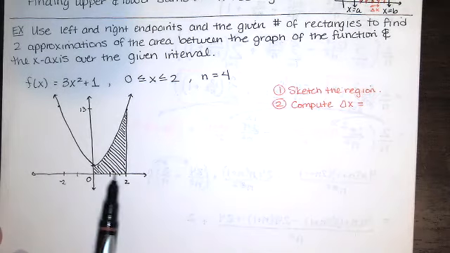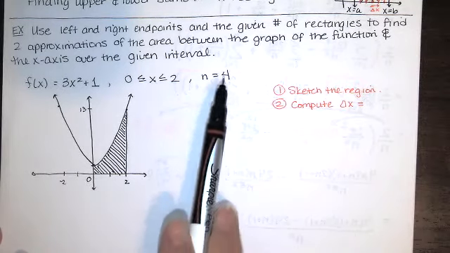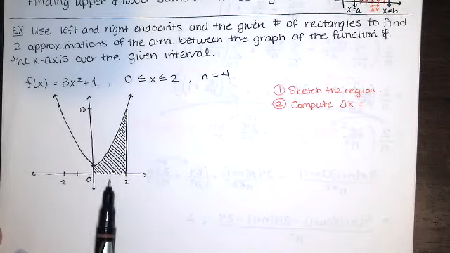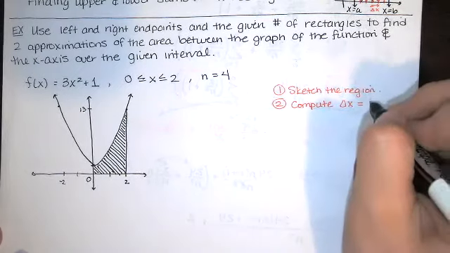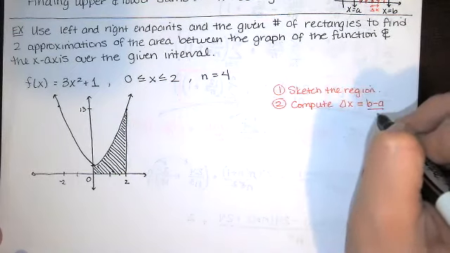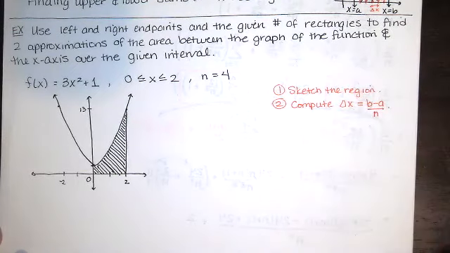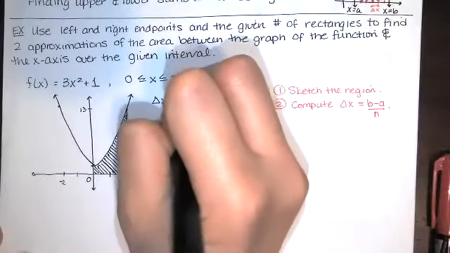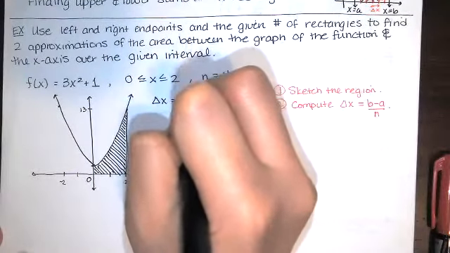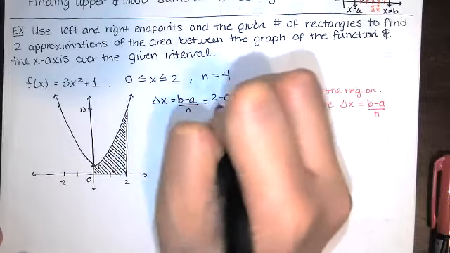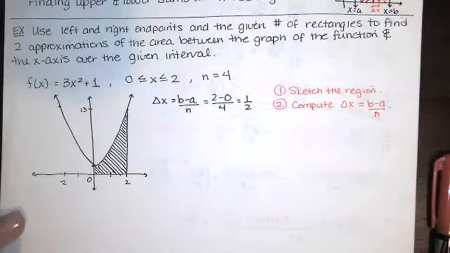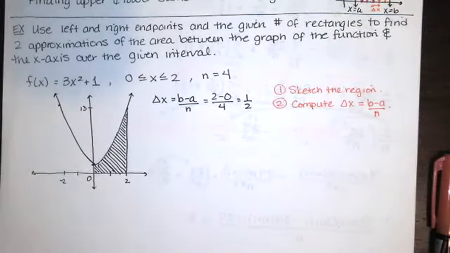It's the length of the interval divided into n equal pieces. So we'll take b minus a, that's the length of the interval, and we'll divide it by n. Since n is given to us, this is pretty simple. We just have b minus a over n is 2 minus 0 over 4, which happens to be 1/2, which is consistent with our intuition, I think.